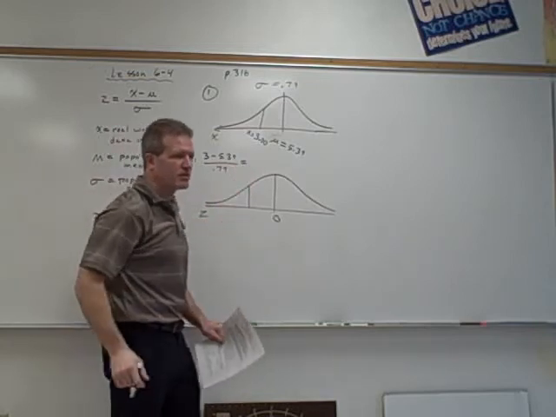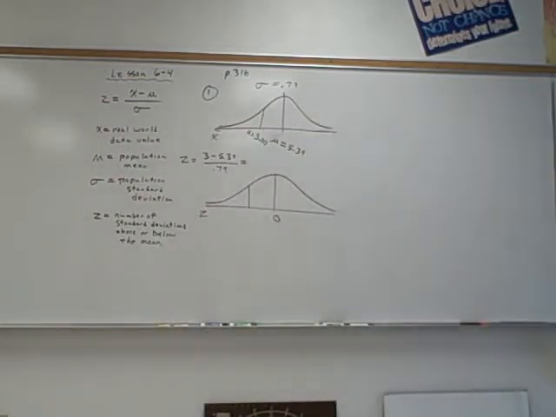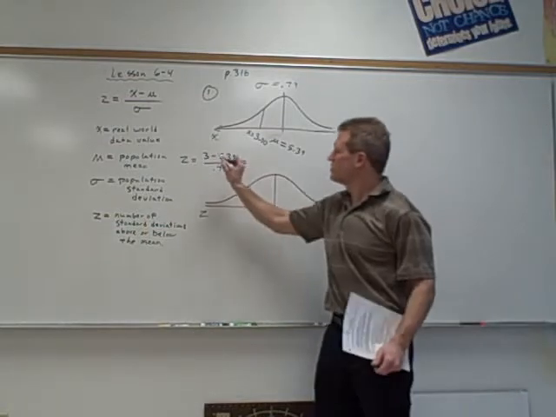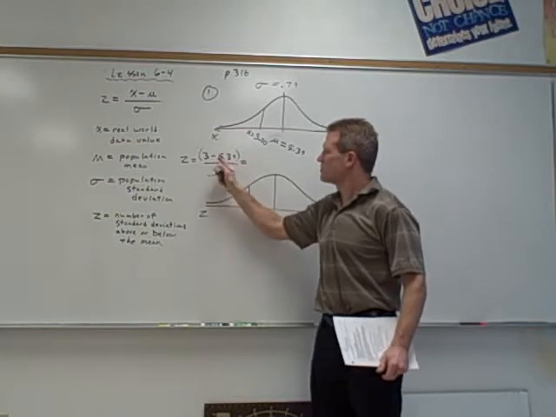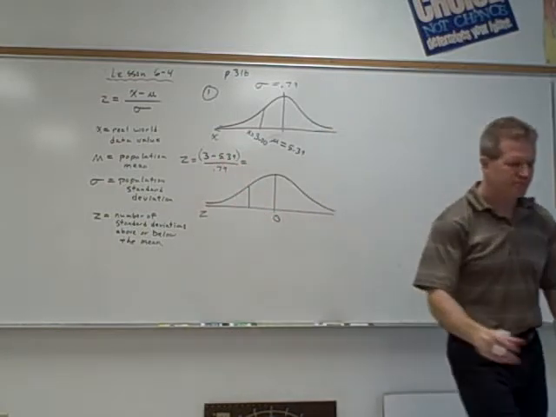You can type that in your calculator, figure out what that comes out to. I'll do that quick. Or if someone has the answer, you can tell me. 3 minus 5.39. Make sure you get that answer first before you divide by 0.79. Or if you're going to type it in all at once, you're going to want to put parentheses here. You want to make sure this subtraction happens before the division.